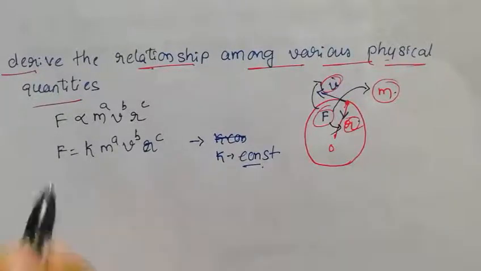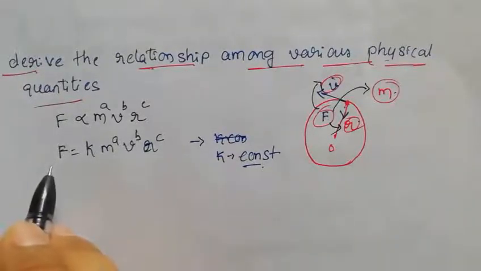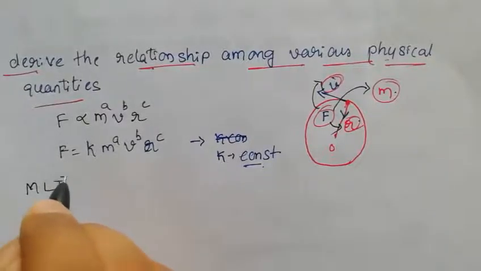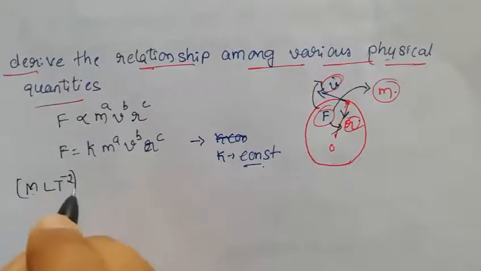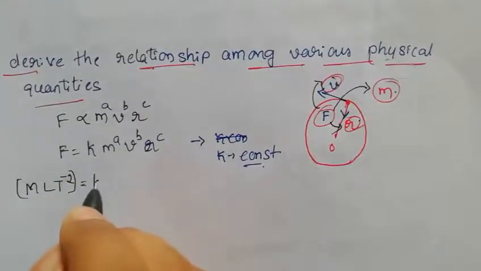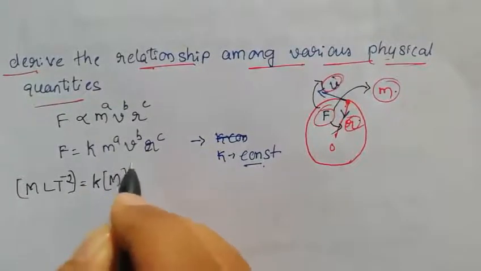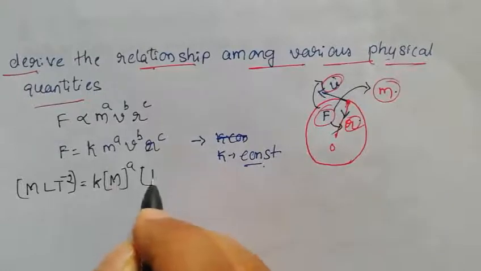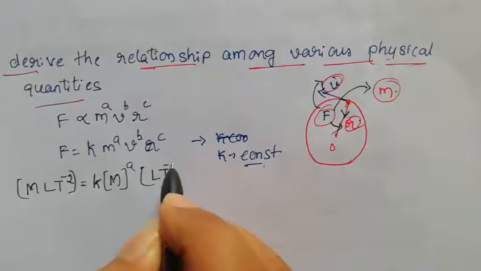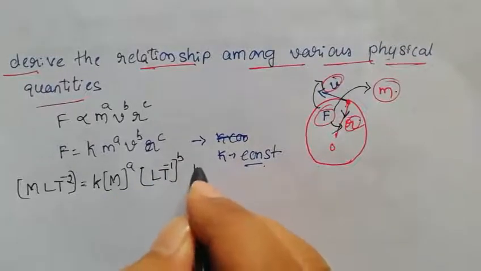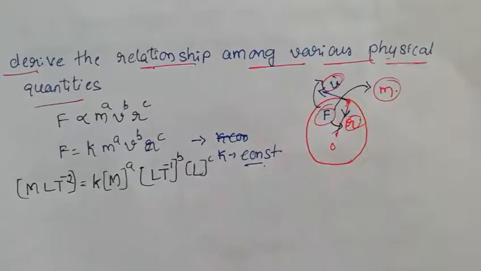Okay. Now M means mass, and F means the dimensional formula for force. We need to write it, so it is M L T to the power of minus 2, equal to K, a constant. K we keep as it is. M means mass, we write M to the power of A. And V means velocity, its formula is L T to the power of minus 1, power B, and R is a distance, L to the power of C. Left hand side I keep as it is, M L T power minus 2.